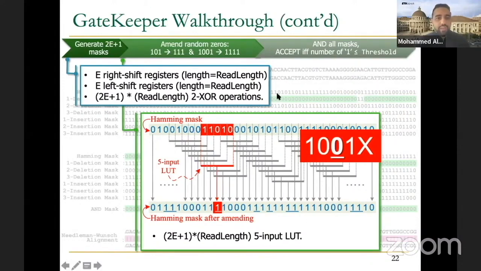You can check any occurrences of 1, 0, 1. That is a 3-input lookup table, right? This is the easiest, which is the single zero. Why do we need 1, 0, 1? Why not 1, 0, and then don't check this, for example? Because this could be 0 or it could be 1. So now, in order to be sure that this is a 1, you really need to consider the 3 bits together.